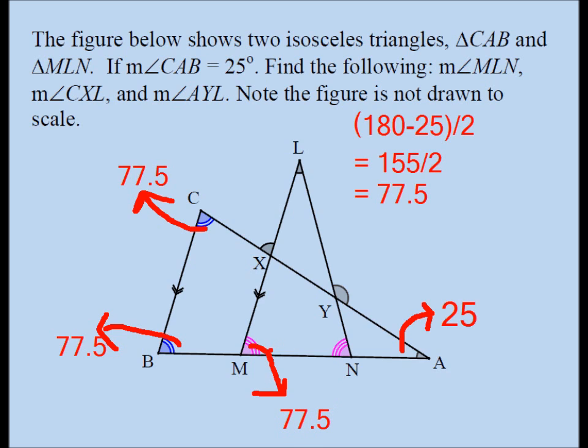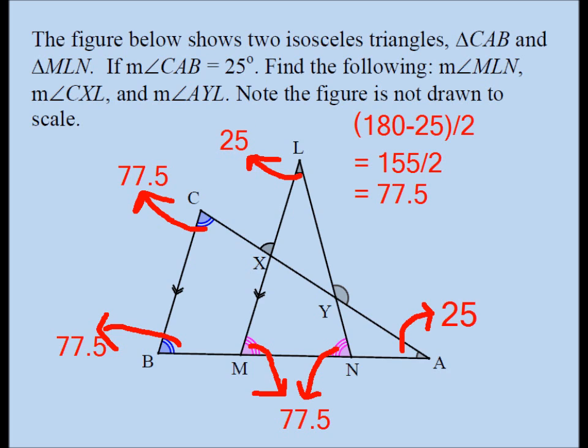And since these two pink angles are congruent to each other, this angle also has to be 77.5. 77.5 plus 77.5 is 155. From 180, if you subtract 155, you get 25. So this angle has to be 25.